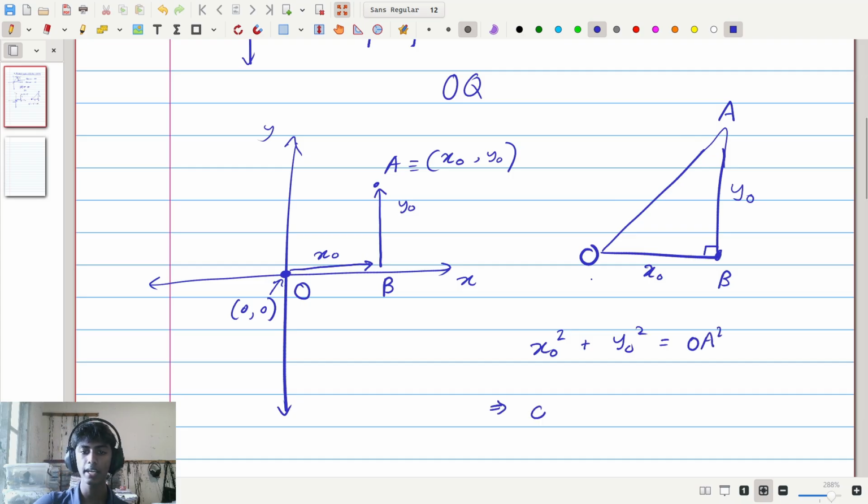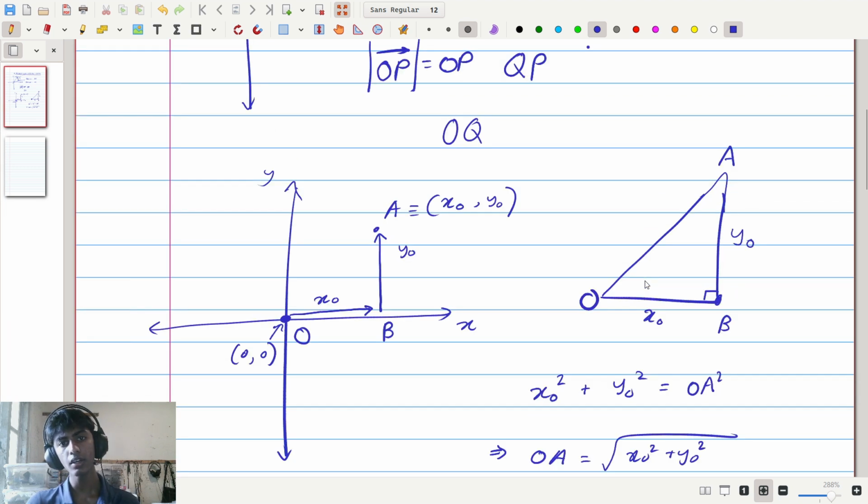Rearranging this, I get that the distance OA is the square root of x0 squared plus y0 squared. So here we have found that the distance of a point to the origin is simply its x coordinate squared plus its y coordinate squared, whole thing square rooted.